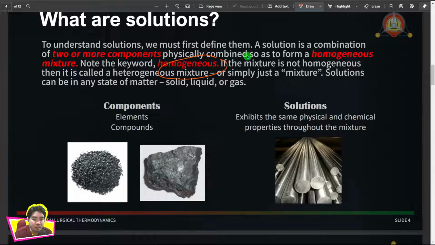Hindi pala phase yung proper term, mas maganda yung term na state of matter. So if it's a solid solution, isa lang yung nakikita nating mixture, so it's homogeneous. But if it's a heterogeneous mixture, which is the opposite of homogeneous mixture, kaya mo ma-distinguish or may boundary ka between the different mixtures.